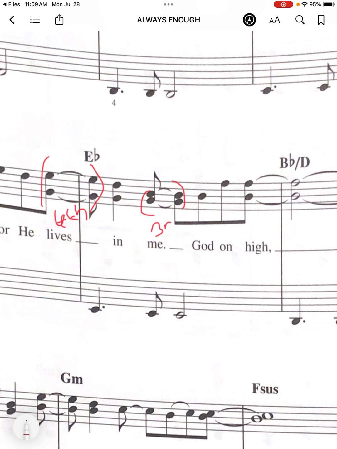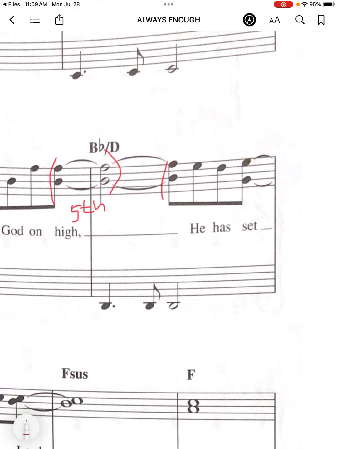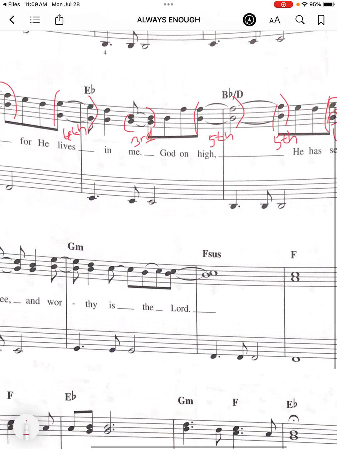And third. And then a fifth on you. Fifth. Fifth. Sixth. Going in those two from the G and E flat, that creates itself to be a sixth.